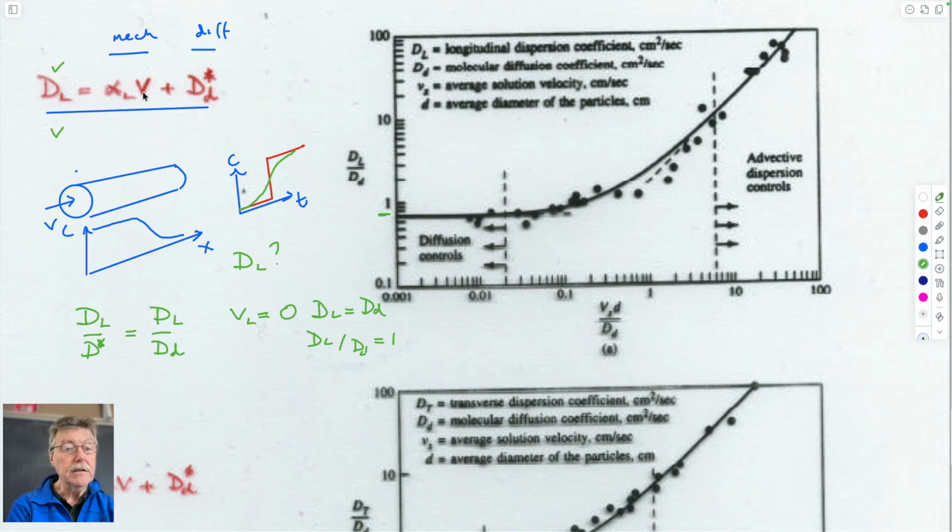then as the velocity gets to be a big number, then the measured dispersion rate will be equal to alpha L times V plus this.